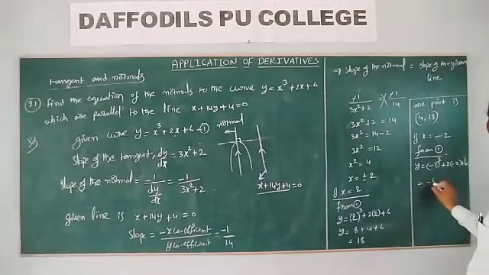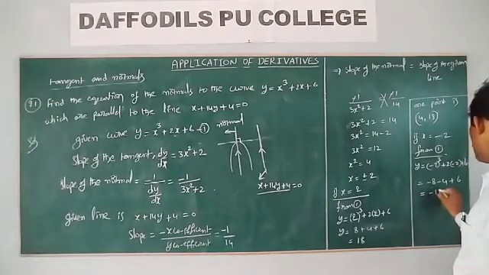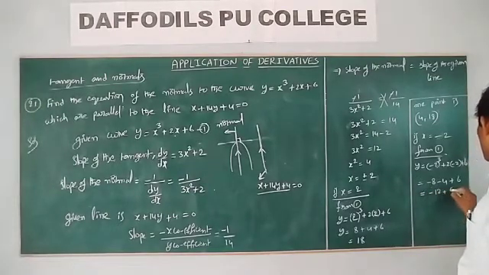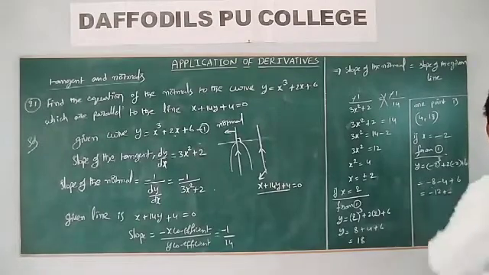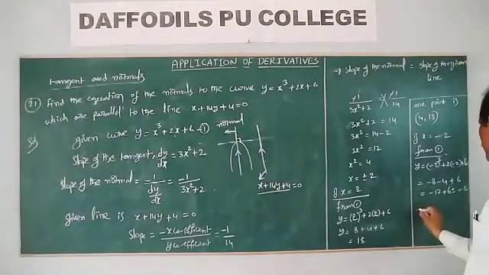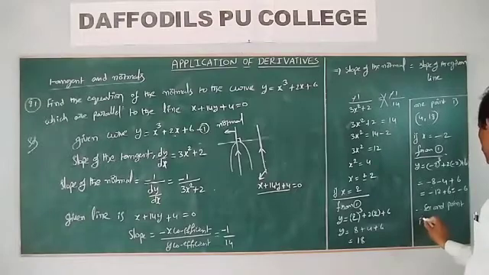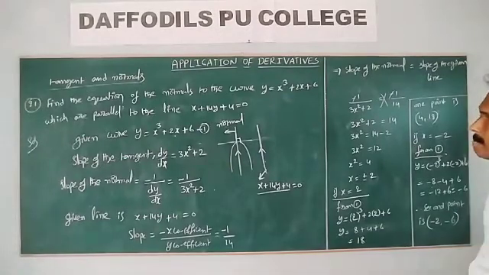That implies minus 8 minus 4 plus 6, minus 12 plus 6, so that is equal to minus 6. Therefore, the second point is (minus 2, minus 6).